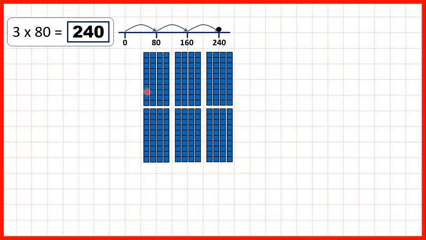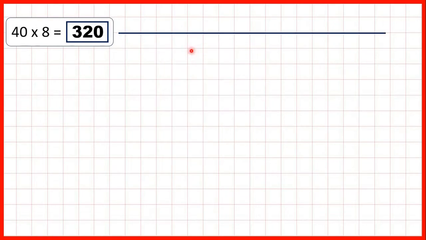But if we have 24 tens, we have 240, so with a 0 as our ones digit. So remember, counting in steps of 80 is just like counting in steps of 8, but then with a 0 as our ones digit, because with 80, we're adding 8 tens each time.